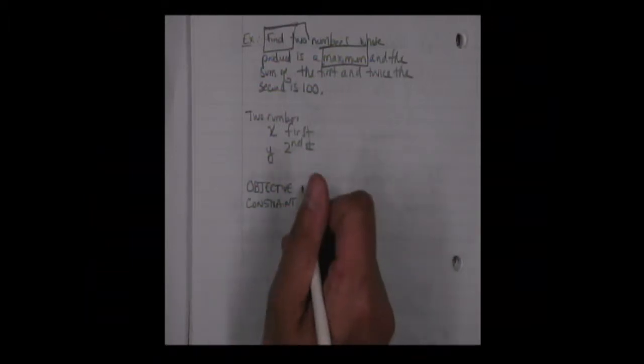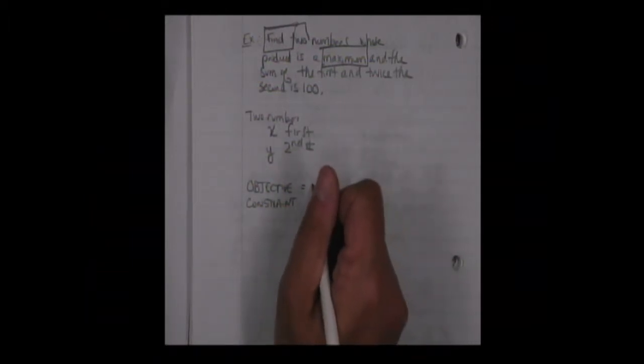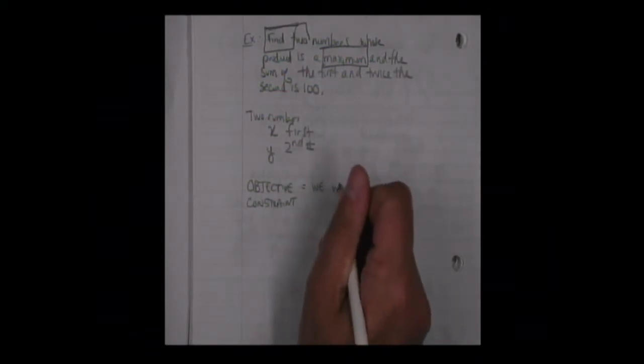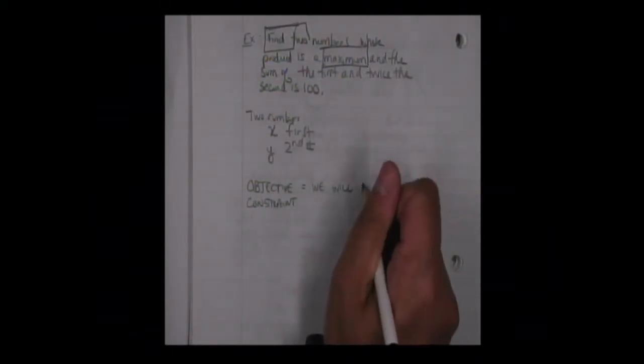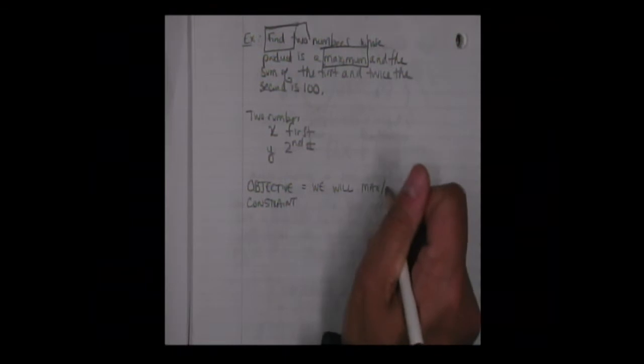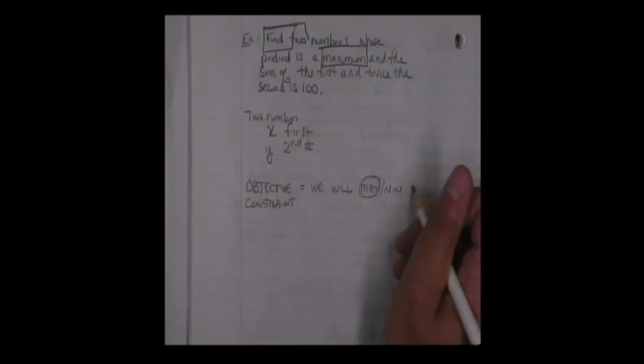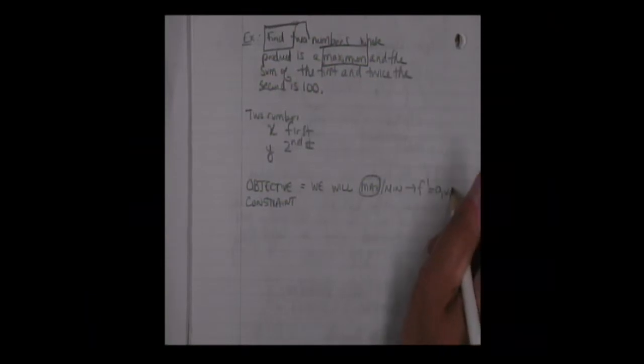The objective equation is the equation that we will be either maximizing or minimizing, which of course in this case is maximizing. The objective equation is the one we are going to take the derivative of. That's the one we're going to set equal to 0 or figure out where it's undefined.